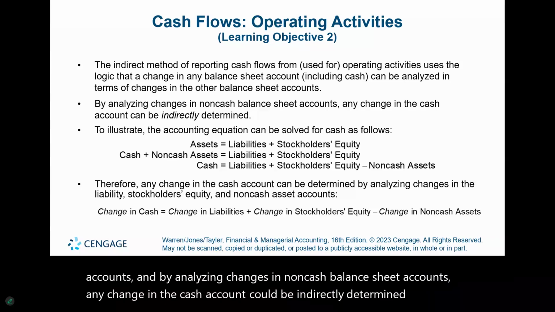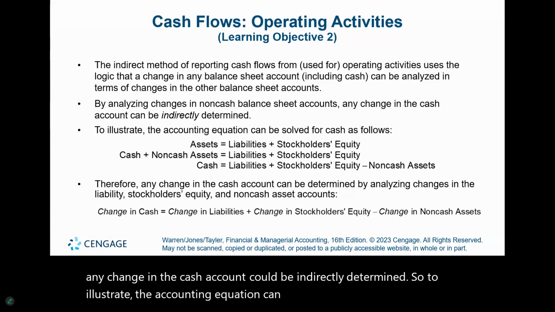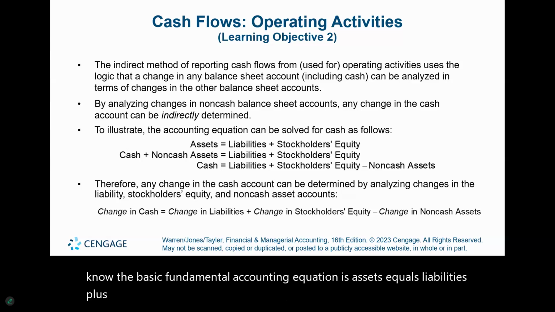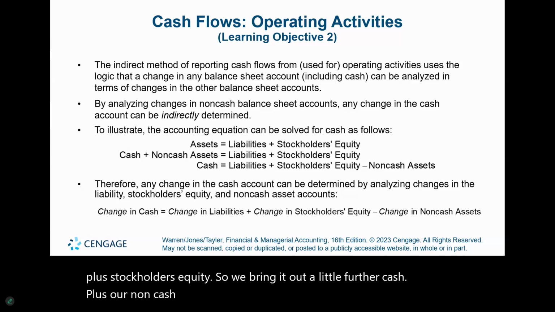So to illustrate, the accounting equation can be solved for cash as follows. We know the basic fundamental accounting equation is assets equals liabilities plus stockholders' equity. So we break it out a little further: cash plus our non-cash assets equals liabilities plus stockholders' equity.